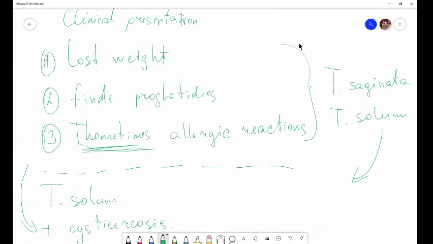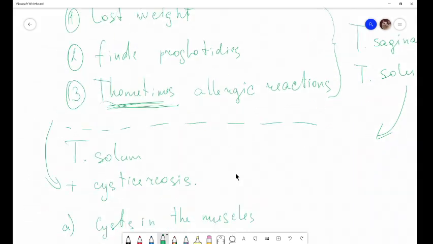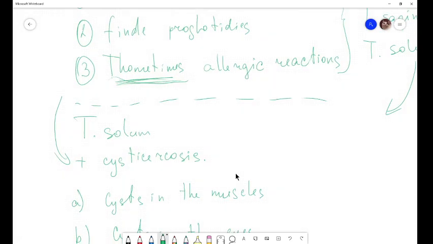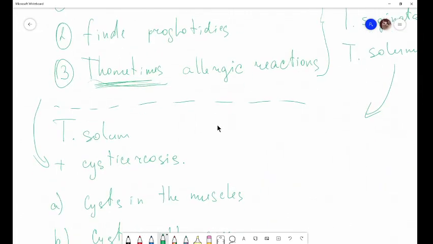And this is true for Taenia saginata, Taenia solium, and Taenia asiatica. But Taenia solium has one more clinical presentation, because Taenia solium and Taenia asiatica can cause another form of disease.